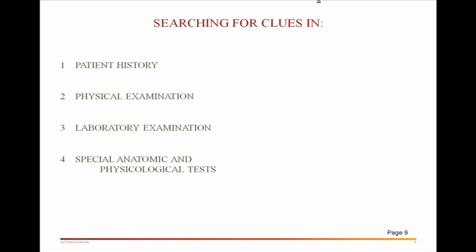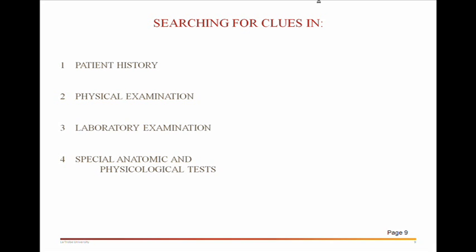Searching for clues within the patient history, you can start to consider whether these neurological changes are part of not one isolated traumatic event or injury, but a result of neurological changes related to diabetes.